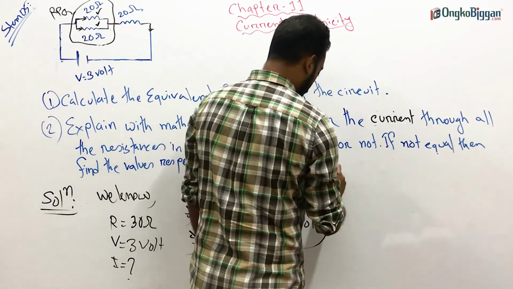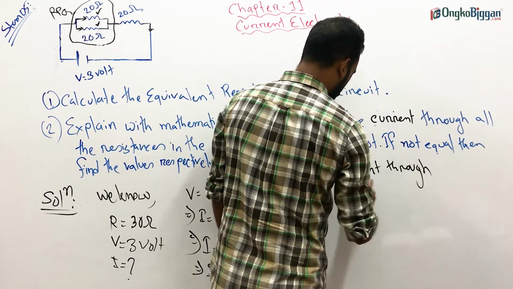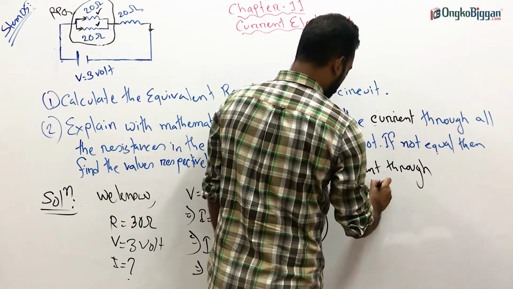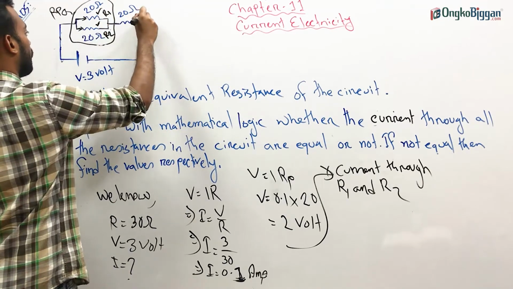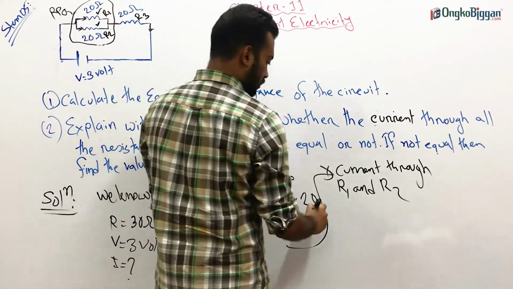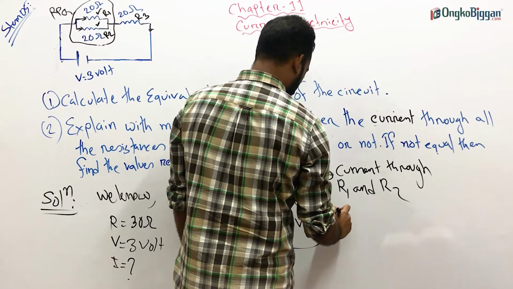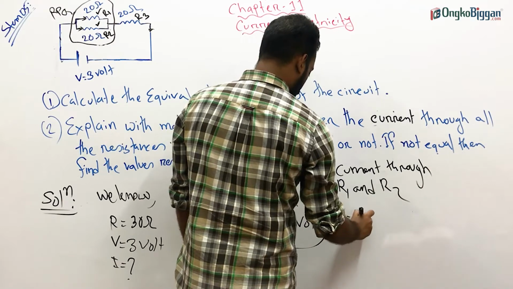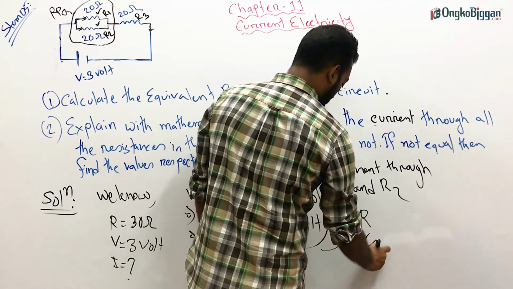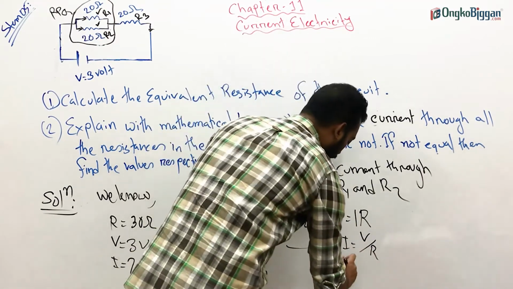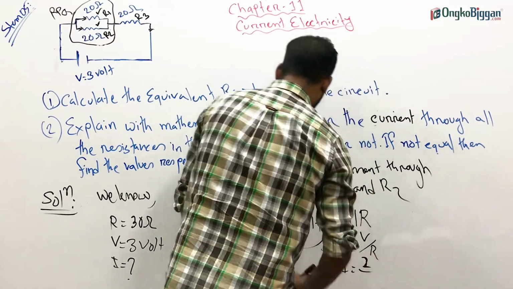Let's call this R1, this R2, and this R3. So I is equal to V by R. I is equal to 2 divided by Rp.